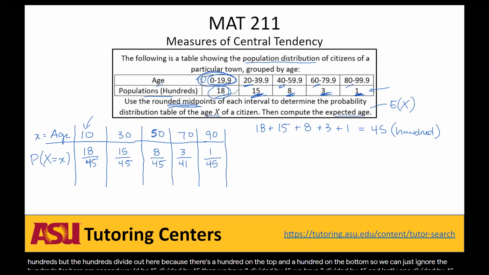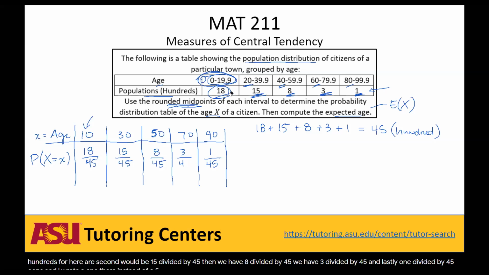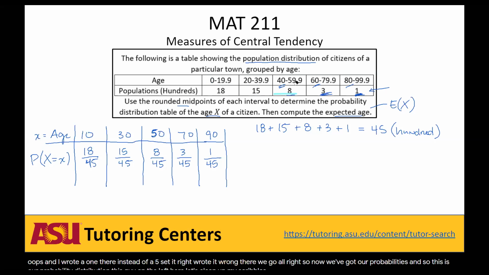Oops, and I wrote a 1 there instead of a 5. Said it right, wrote it wrong. There we go. All right. So now we've got our probabilities. And so this is our probability distribution, this guy on the left here. Let's clean up my scribbles here so we can see what we're looking at.